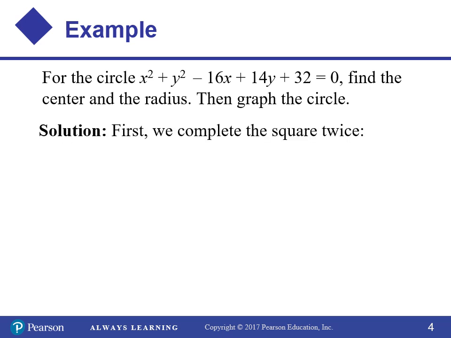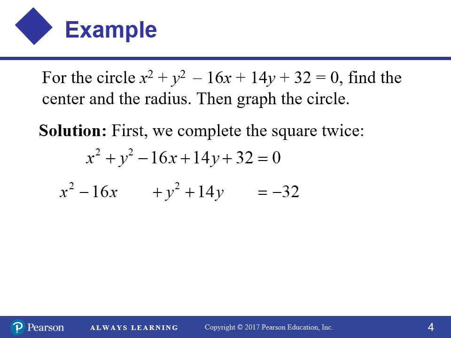So first we're going to complete the square, and we're going to have to do it twice, once for the x's and once for the y's. So we're going to take our equation and move our constant to the other side. And notice how we group together the x values and we group together the y values. And then in order to complete the square, remember that equation, (b over 2) squared is how we complete the square.